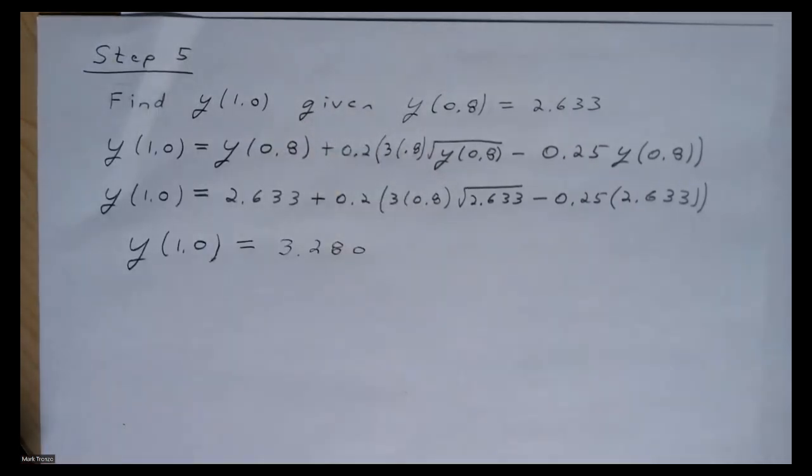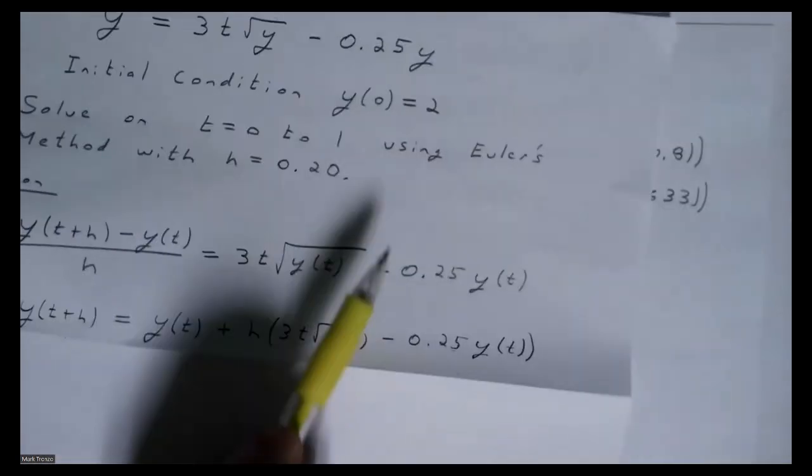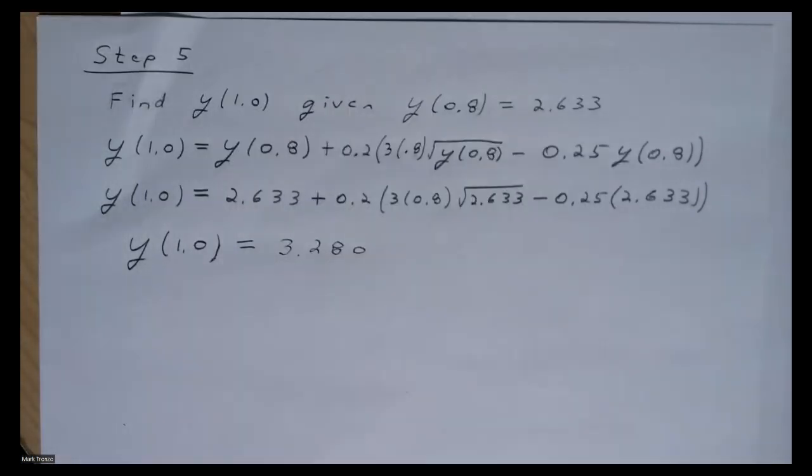And so that was the last point that we were supposed to find. Remember, we were supposed to go from 0 to 1 for our time increment, and we'll go in steps of 0.2. And so that's our answer. Sometimes we're interested in just the final answer at the end of the interval. Other times we're interested in all the points along the way.